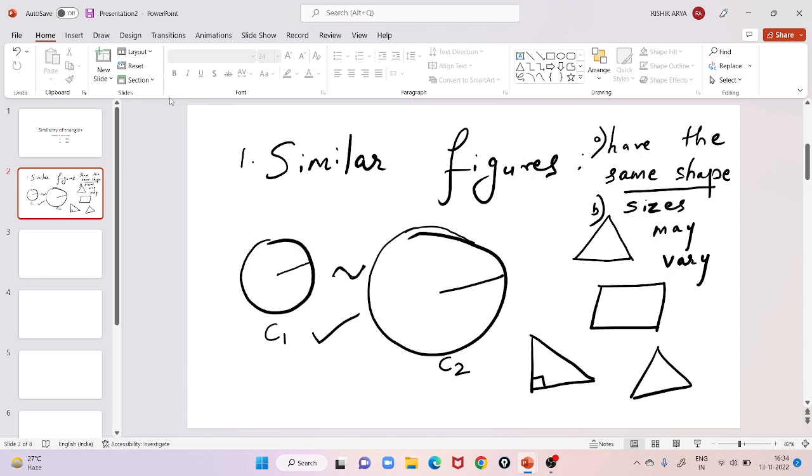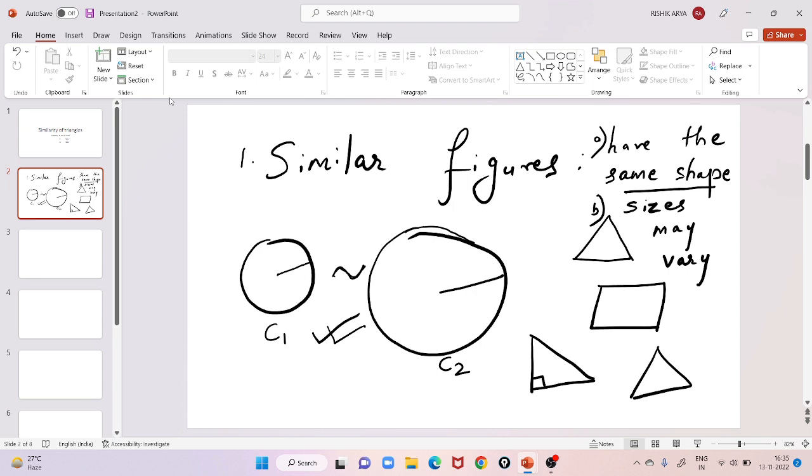So in this case, we have to follow some criteria upon which we can decide whether they are similar or not. But in case of circles, their shape is always the same, irrespective of their diameter or radius. So two circles are always similar. Remember it. But in case of triangles, it is not the case.